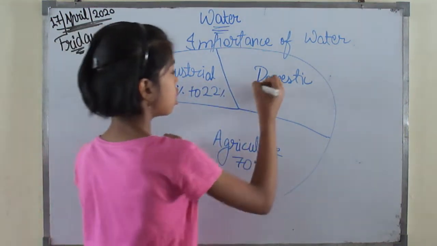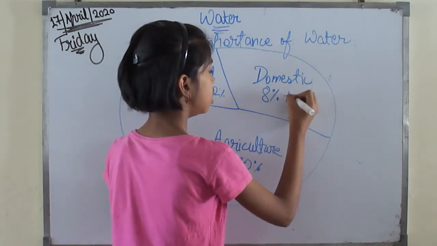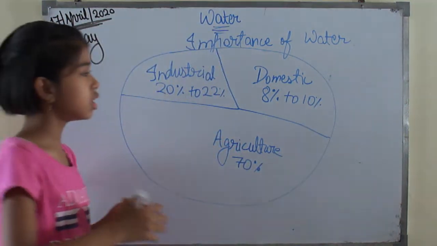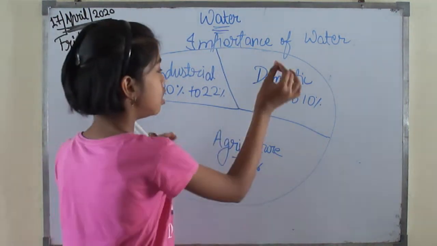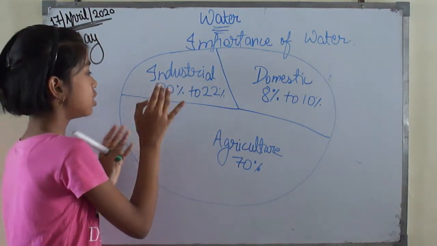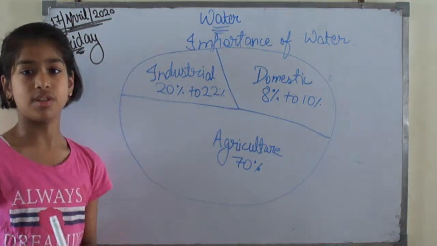And then talking about this, the domestic uses is 8% to 10% of water. Taking round figures, the domestic uses 10% of water, then the industrial uses 20% of water, and the agriculture uses 70% of water.